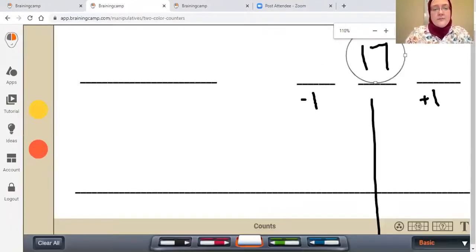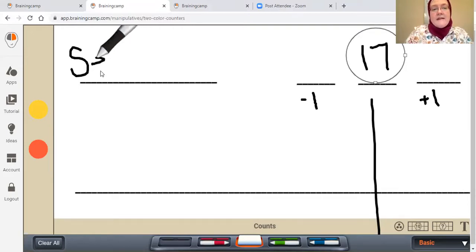So right here, up at the top, see here, she's going to try her best with this marker. 17.